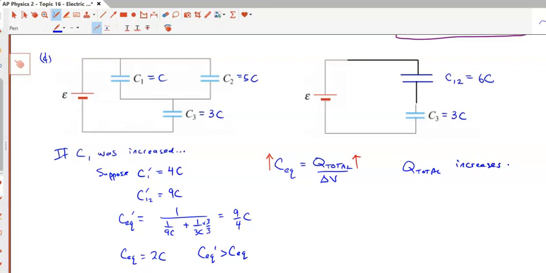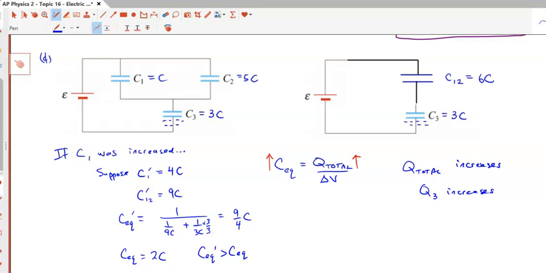So that means that now if we were to draw this whole circuit, we have more charge. There's more negative charges. Before, remember, I drew something like 6 negative signs here, but now I'm going to add another negative sign here. Why? Because there's more charge total, so there's going to be more negative charge on that bottom plate of that C3. So essentially Q3 increases, because Q3, the charge on capacitor 3, is the same as the total charge of the whole circuit.